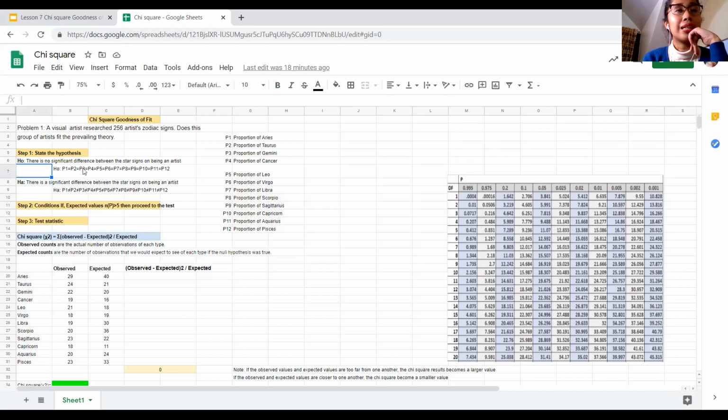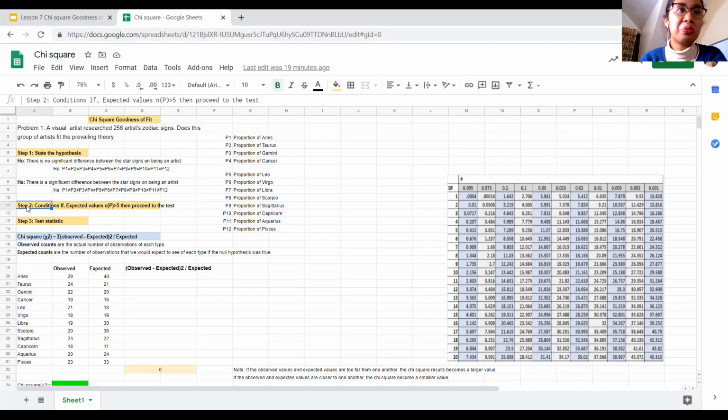This means they are equal to the prevailing theory. And class, HA: there is a significant difference between the star signs on being an artist. For the alternative hypothesis, we use greater than, less than, or not equal sign. So, P1 is not equal to P2, P3 is not equal to P3. This is how the mathematical symbols of the alternative and null hypothesis are shown. So, that's our first step.